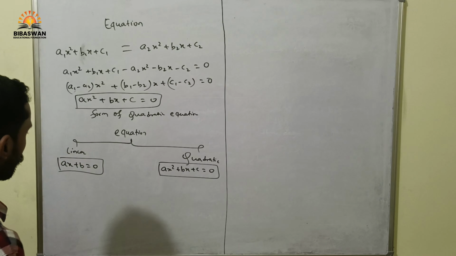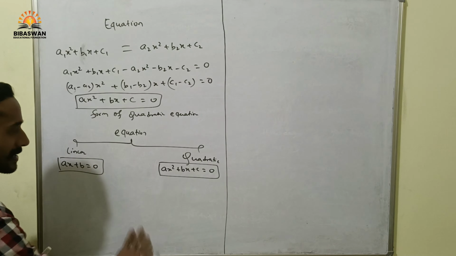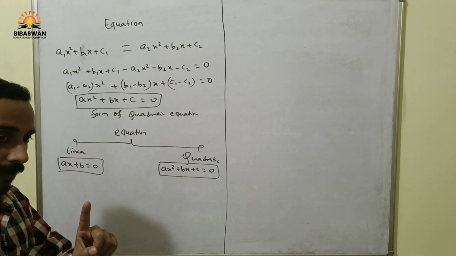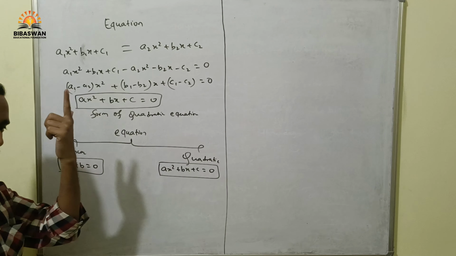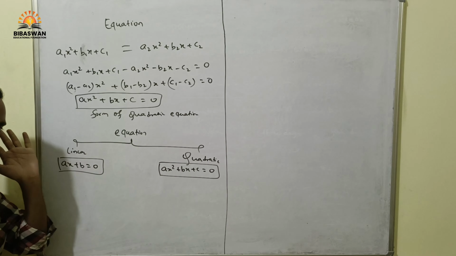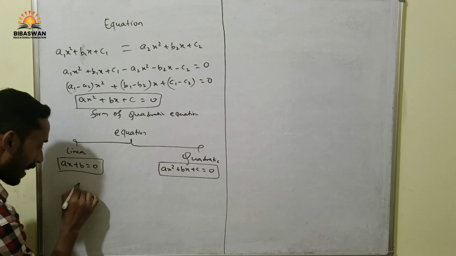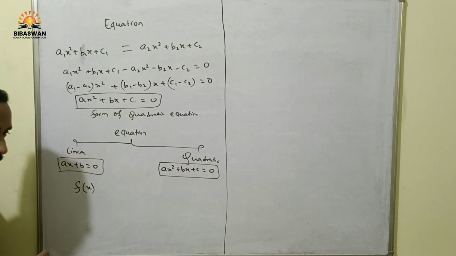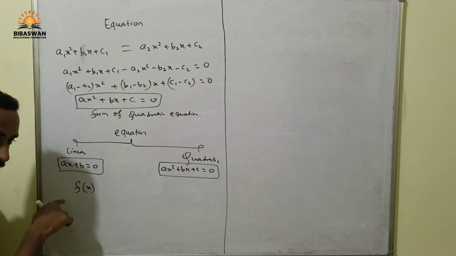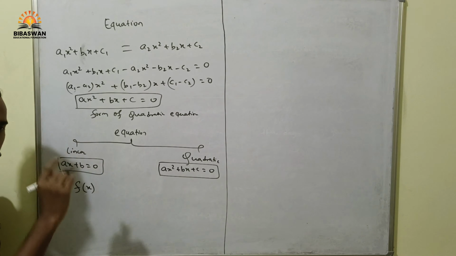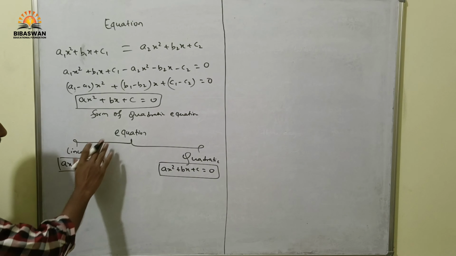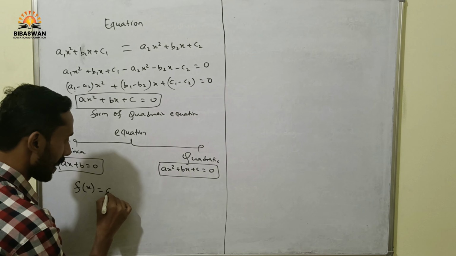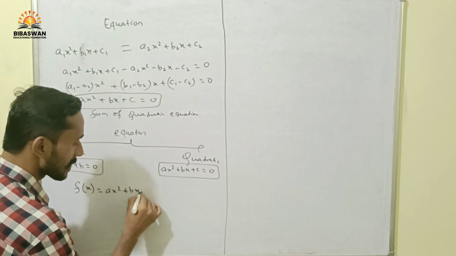Now we generally represent this equation in the form of a function, which I have already taught. What is the function? f of x. f of x means function of x. This is nothing but a polynomial, sorry, this is nothing but an equation. f of x means ax square plus bx plus c.